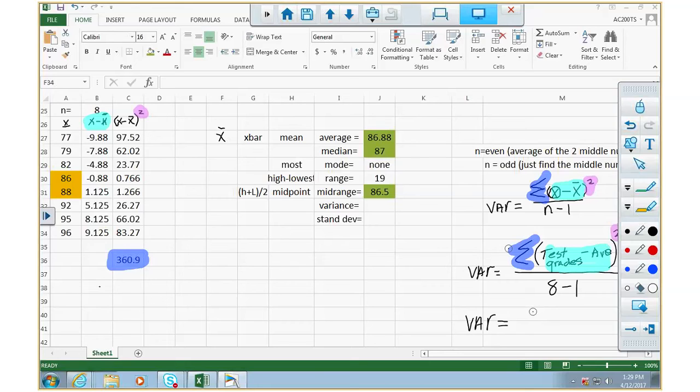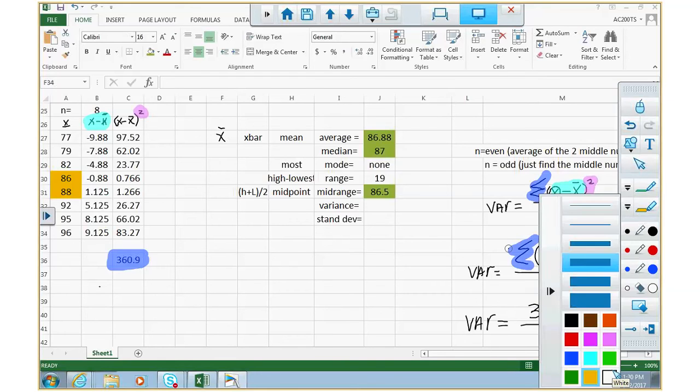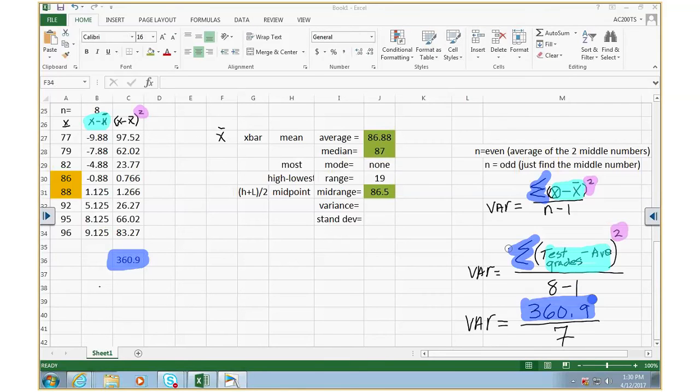First unit, right? 360.9, you just found the numerator, over 7. Take my handy highlighter and highlight this. That's what you just found, that numerator right there, when you took the summation.